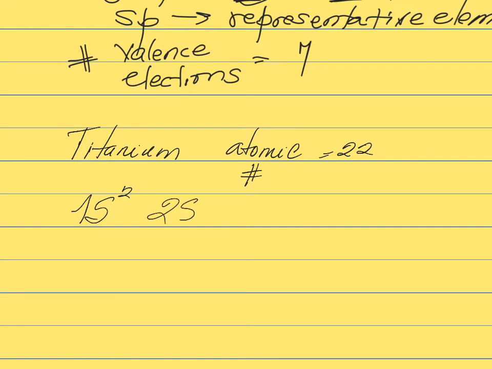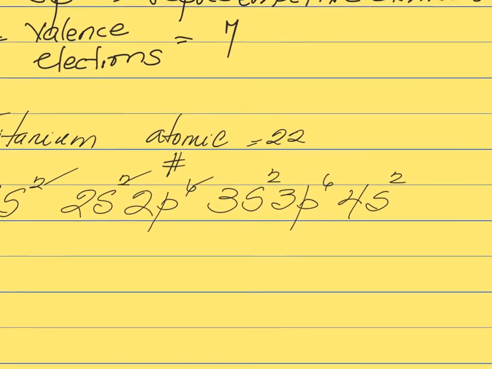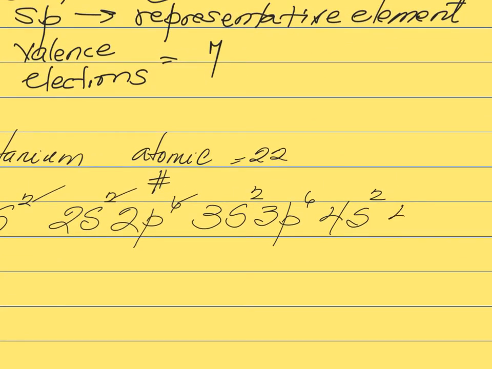Second level, 2 electrons, my first orbital or sublevel, p6, 3s2, 3p6, 4s2, and I'm going to start counting. 2, 4, 10, 12, 18, 20. I have 20 in there, so I need 2 more.